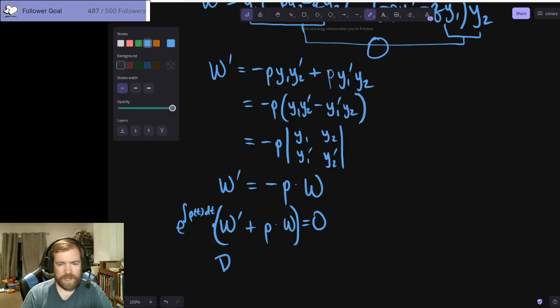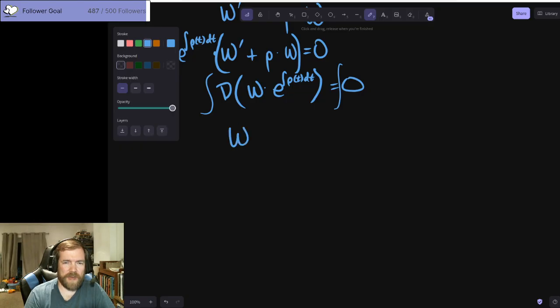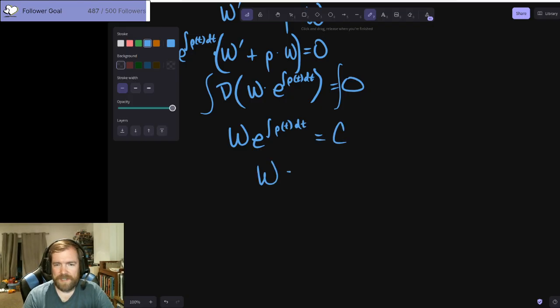So now we've got the derivative of the Wronskian times e to the integral of p of t dt equals 0. Integrate both sides. We already did this before. It's the same stuff every single time. So the Wronskian is going to be equal to c times e to the negative integral of p of t dt.